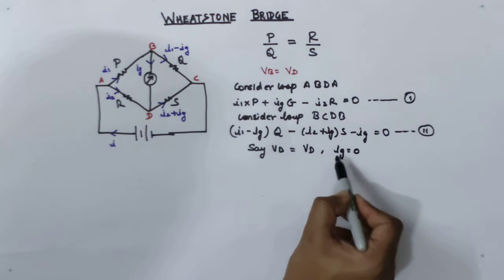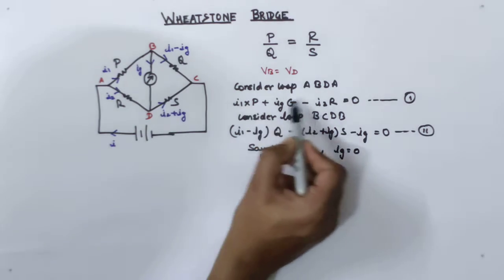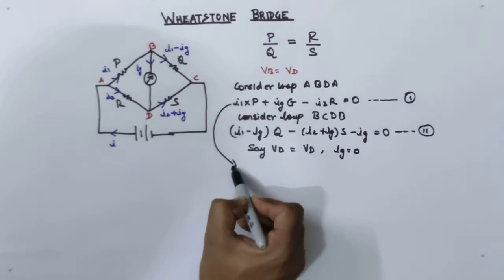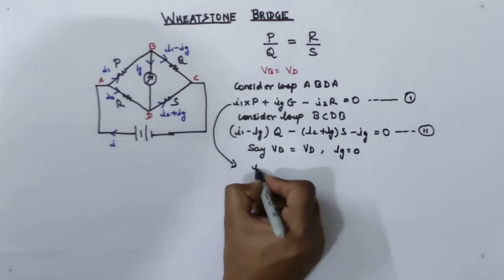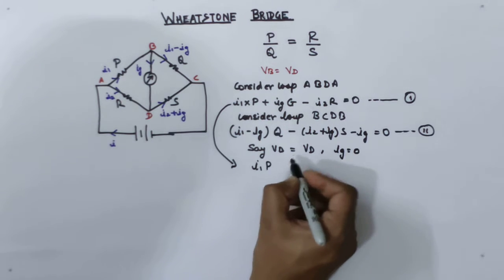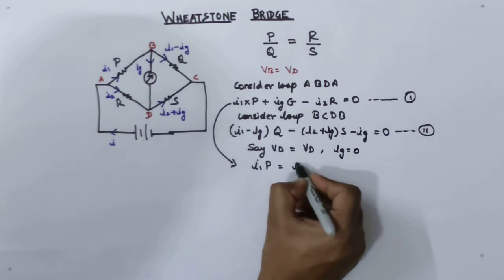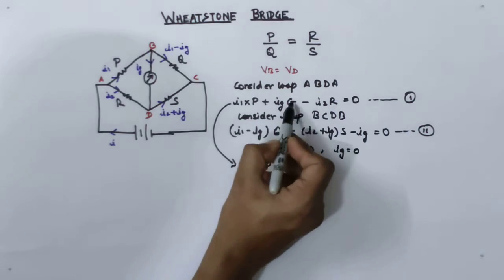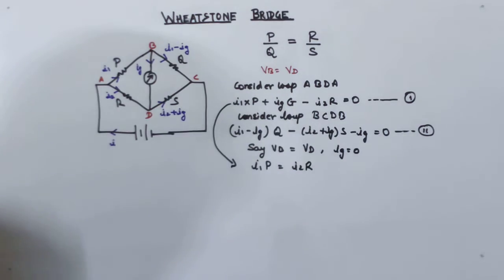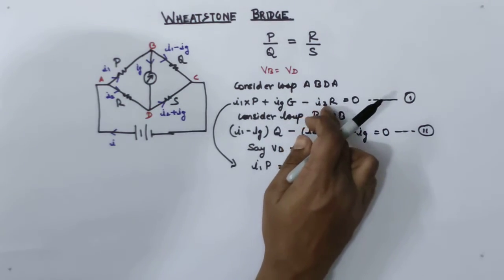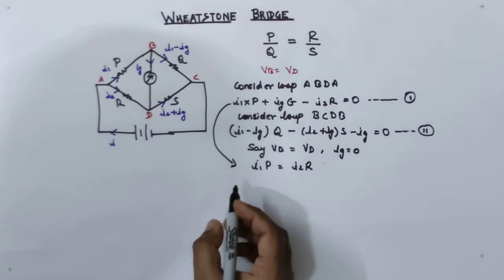Now, if I consider that Ig equals 0 and I rewrite equation 1, it will become I1P equals I2R, as this Ig term will become 0. If I take minus I2R on the other side, it will become plus I2R.